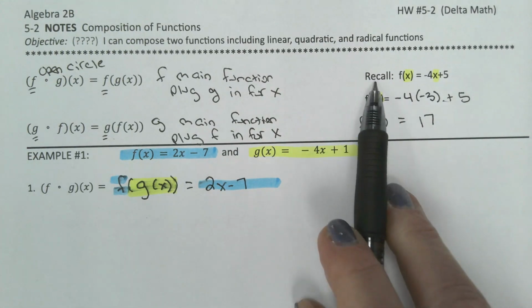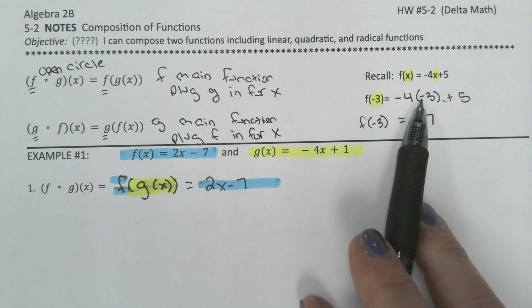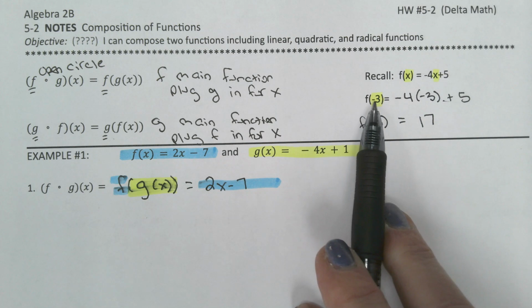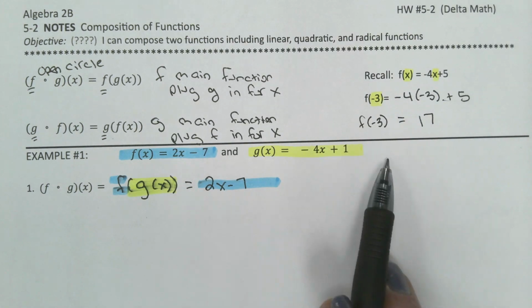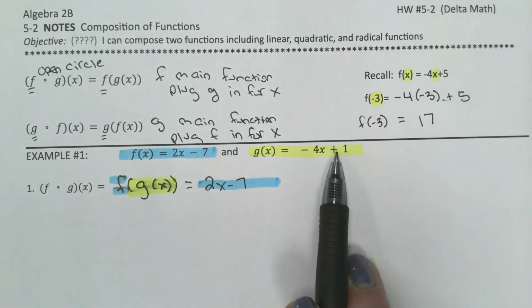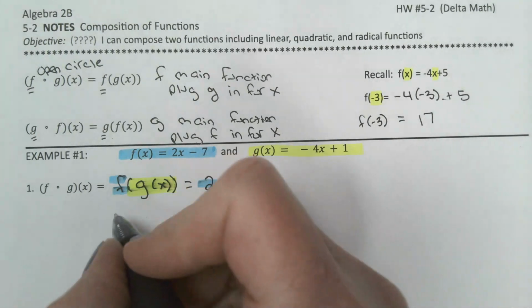Remember, just like we did right here, wherever we had an x, I plugged in whatever's here in the parentheses. Well, this time I have g of x in parentheses. So now I'm going to get rid of the g of x, and I'm going to write down what it is, negative 4x plus 1.